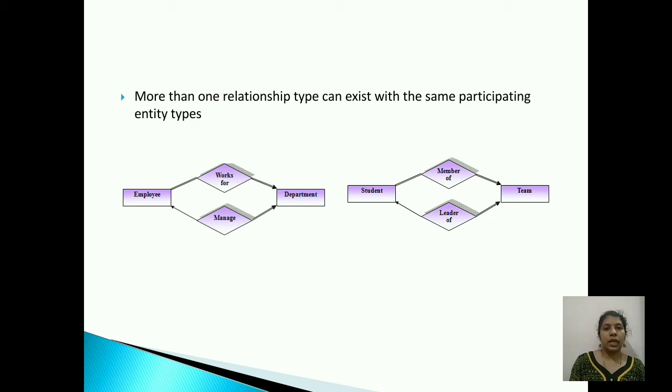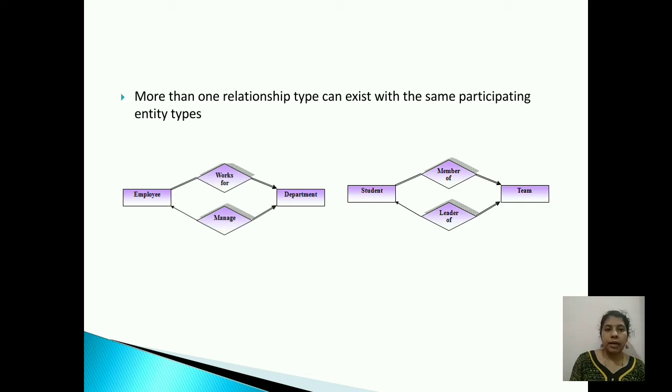An employee works for a department, so that is one relationship. An employee manages the department, so manages is a different relationship. Two relationships are there, works for and manages, but the entities are the same, employee and department.